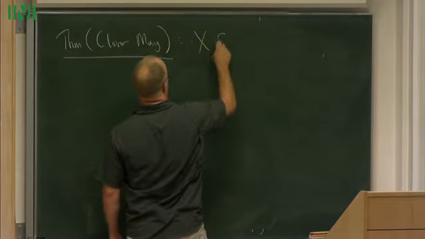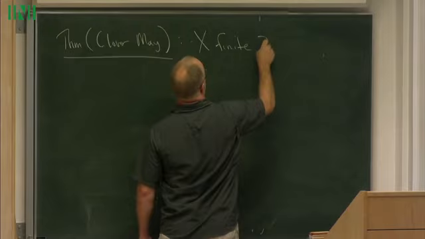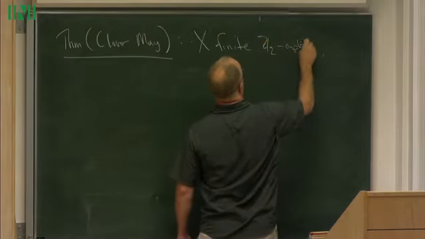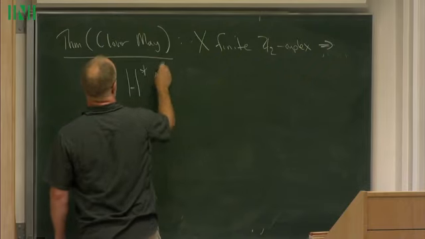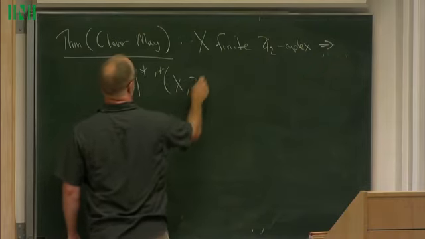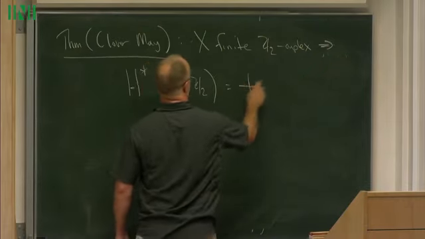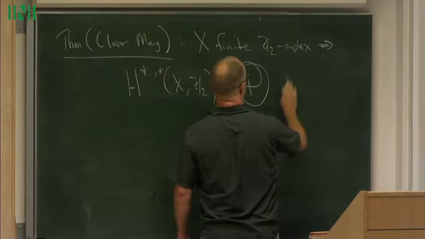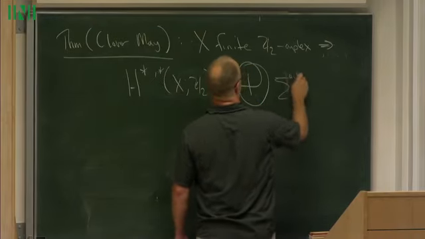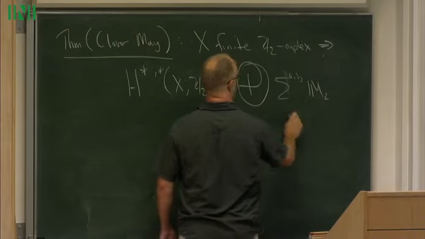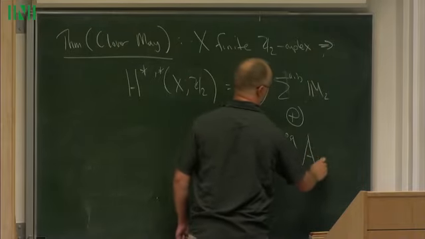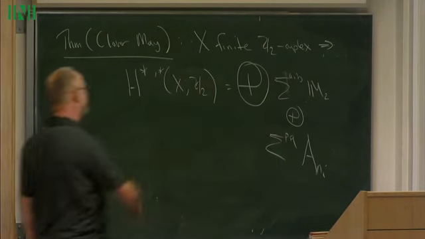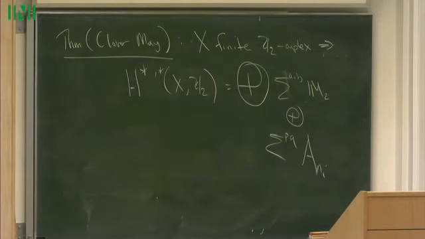So if X is a finite Z2 complex, then the cohomology is a direct sum of, well, shifted copies of these things. Okay, you get the idea.